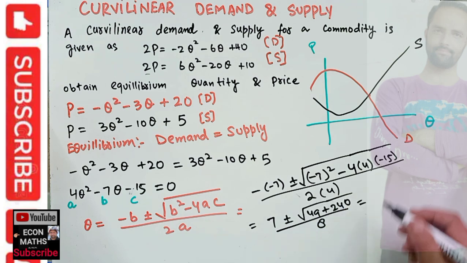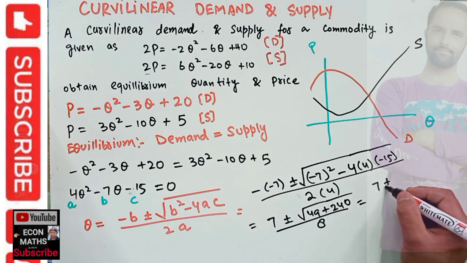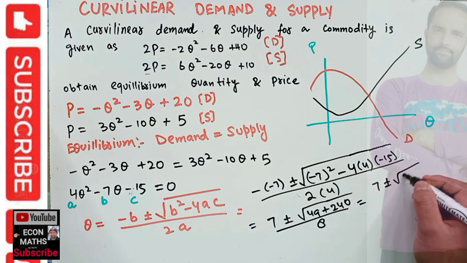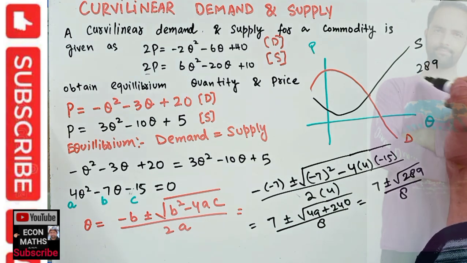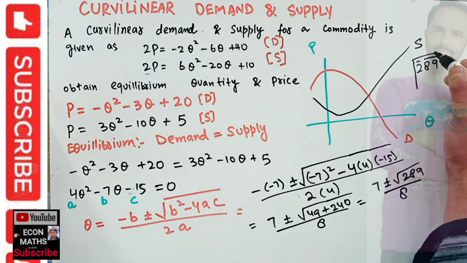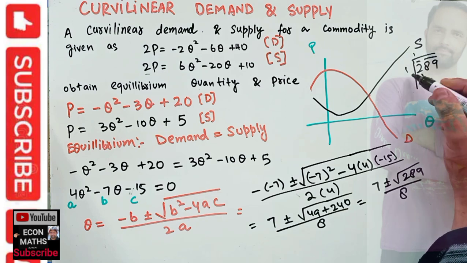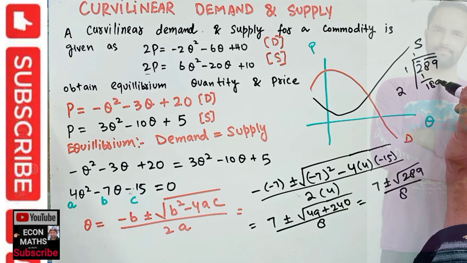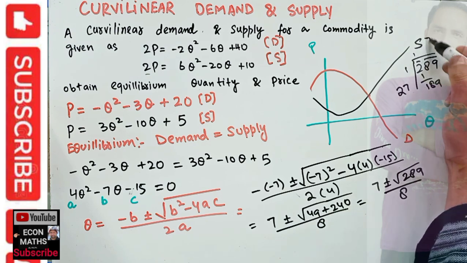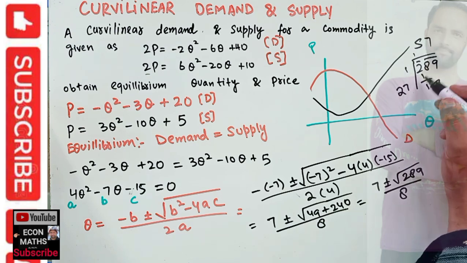It comes out to be 7 ± √289 divided by 8. Let's take the root of 289: 17.